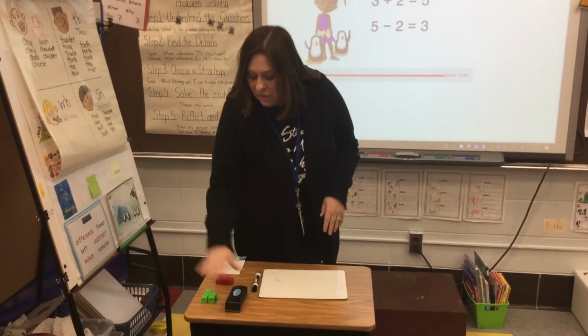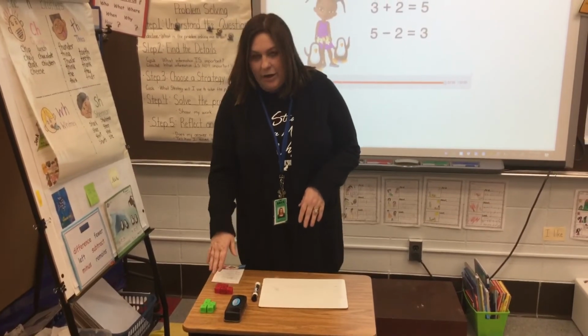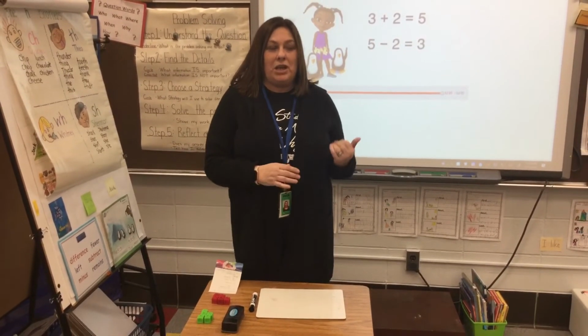Okay, so let's try a couple on our own. So Miss Arbuckle has sets of cubes here, and I'm going to use the penguins that we talked about in our stories.